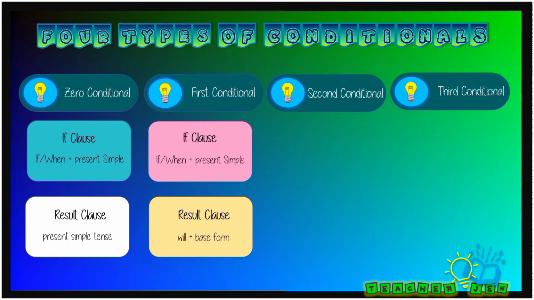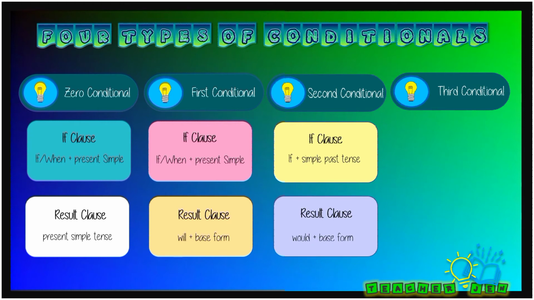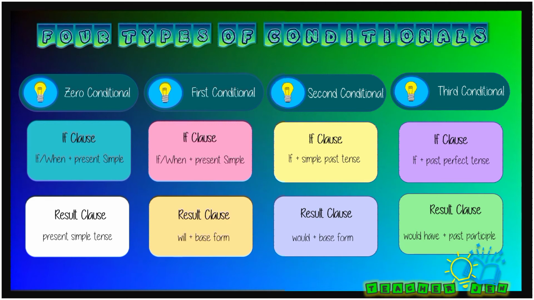In the second conditional, we use if plus simple past tense in the if clause and would plus base form of the verb in the result clause. And lastly, the third conditional is formed by using if plus past perfect tense in the if clause and would have plus past participle in the result clause.